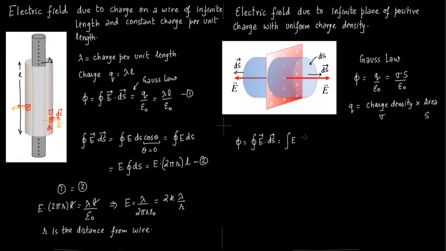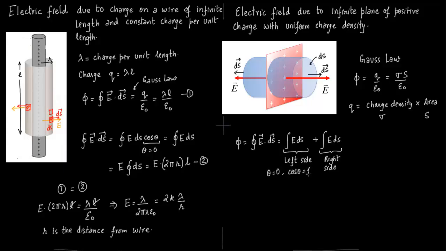First we focus on the left side and then on the right side. This is the left side of the positively charged plate and this is the right side of the positively charged plate. So both sides are having flux.